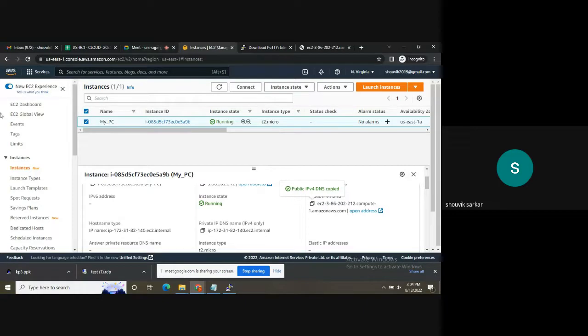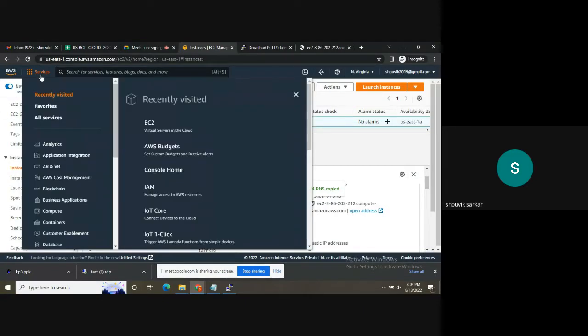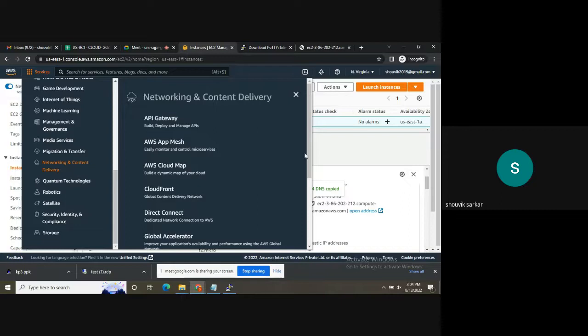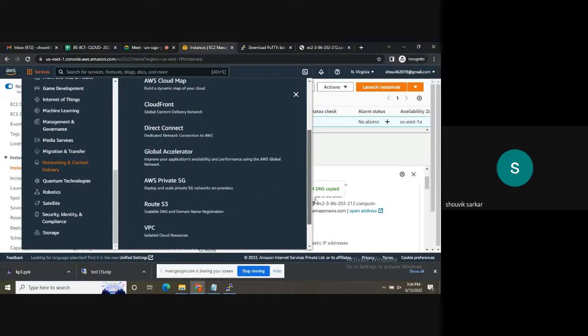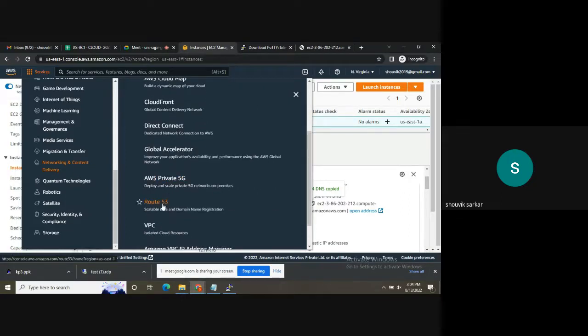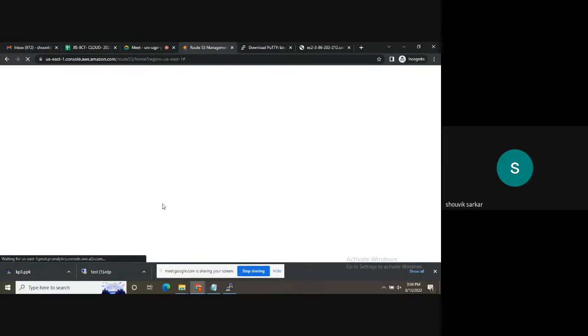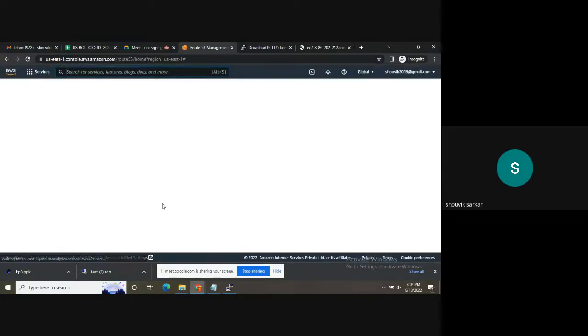So first of all, let's go with that option. How do you assign a domain name using this? This domain name assignment falls into network, and within that we have a service that is Route 53. Using Route 53, we are able to assign our desired domain name, whatever domain name we want.